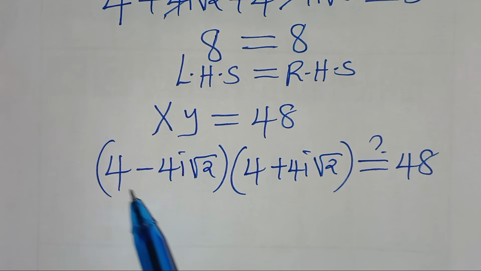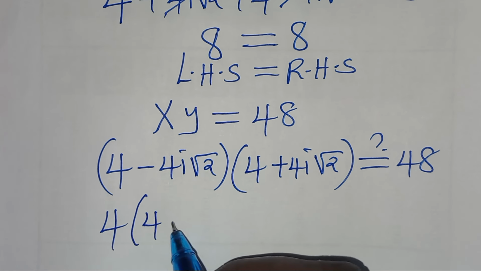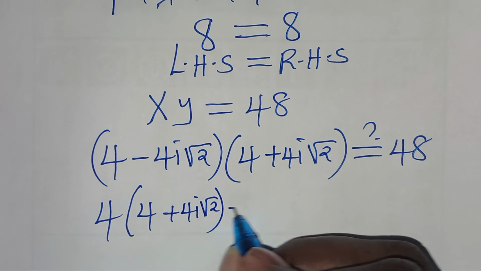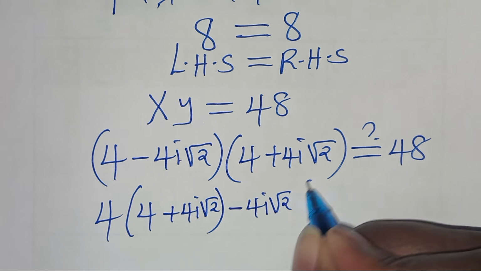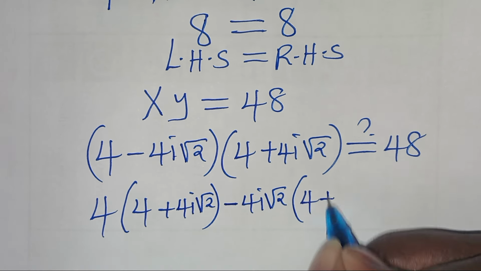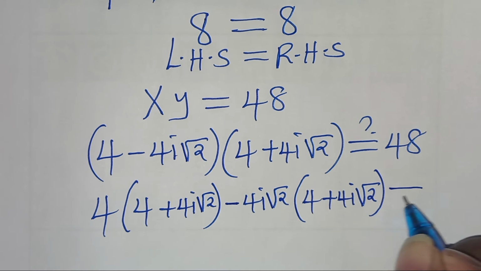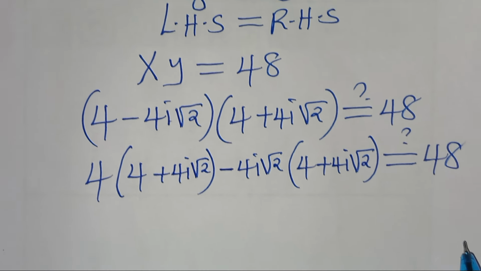So we have here 4 multiplied by 4 plus 4i square root of 2, then subtract 4i square root of 2 multiplied by 4 plus 4i square root of 2. This is supposed to give us a value of 48.